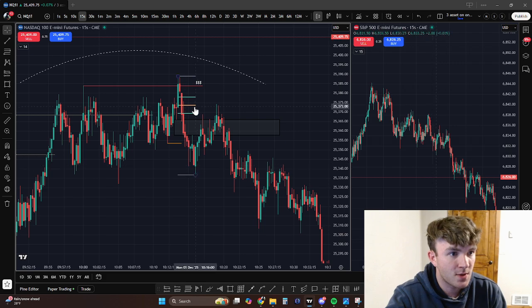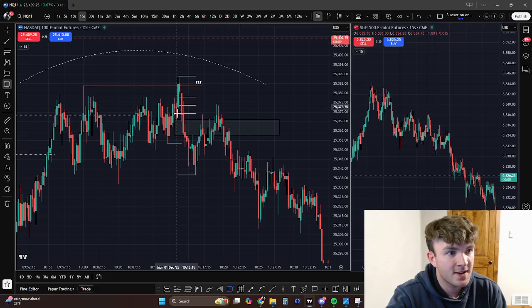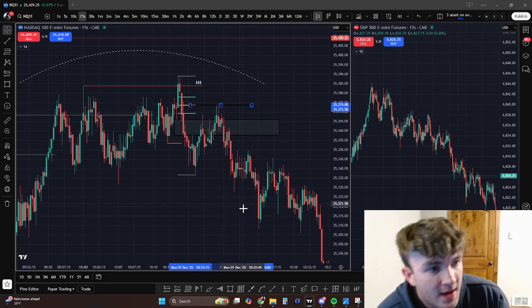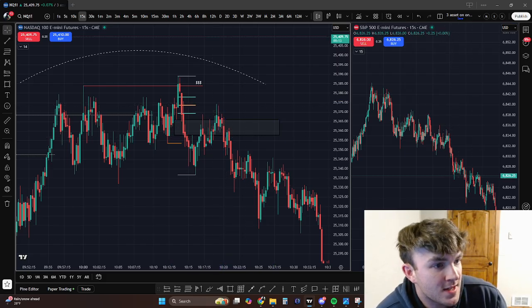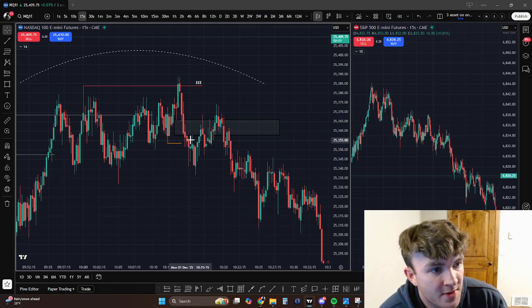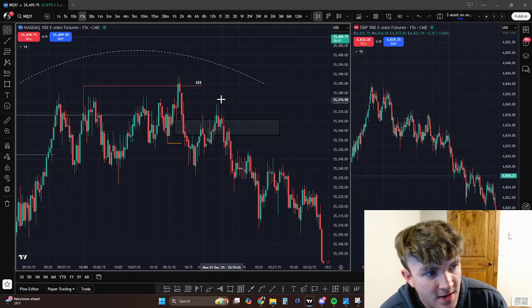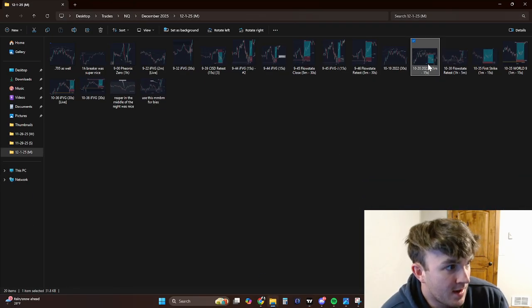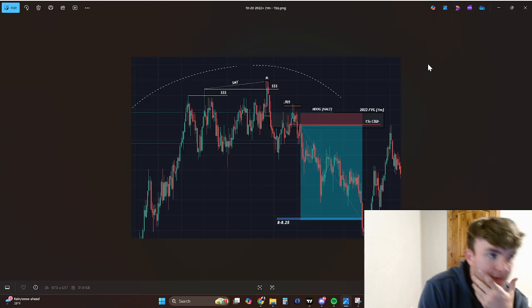From high to low, where do we go? Anywhere from the 0.605 to the 0.79 is OTE. Right here, this gold line is the sweet spot, and you can see we go perfectly to that, which is kind of cool. And basically, this is the typical ICT OTE, where you look for that leg that breaks structure with displacement, and then you find the OTE of that. And you can see how nice that ended up being.